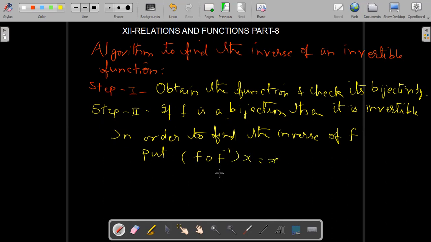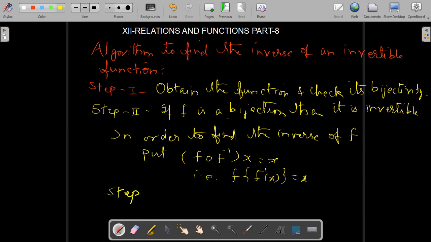That is, f of f inverse of x is equal to x, and solve it to get f inverse of x.